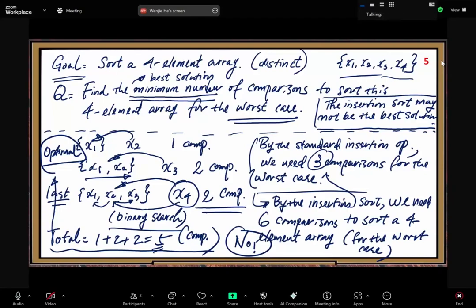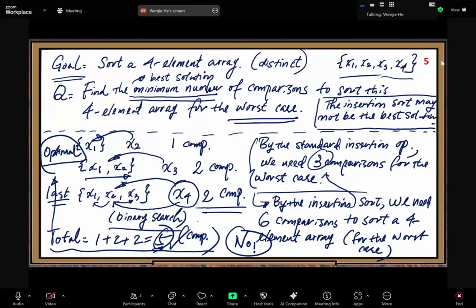Based on that formula, we calculate that 5 is the lower bound. The 5 already hits the lower bound. That means nobody can break that lower bound. So we have a rigorous proof. That formula gives us a lower bound, so this algorithm is optimal.